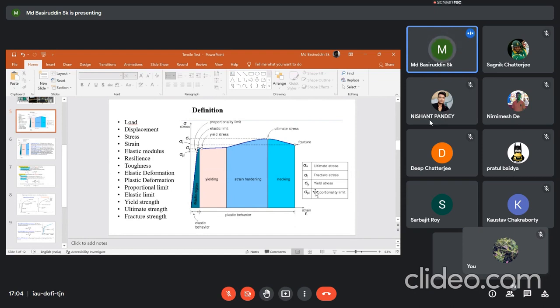Roughly or indirectly, under different loading conditions it may absorb the maximum amount of energy, or energy relatively high compared to other samples. So that is the significance of the toughness of a material.